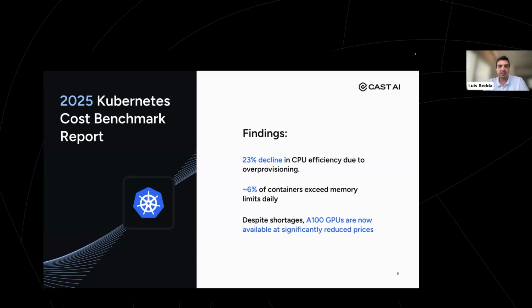Another very interesting finding of this year's report is that 6% of the containers are exceeding the memory limits daily. That means that many people are requesting fewer resources than the application really needs. So this leads to a lot of problems, especially instability on applications and customer experience problems, right?